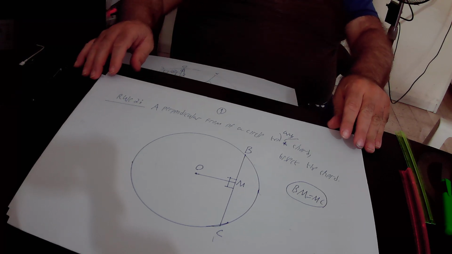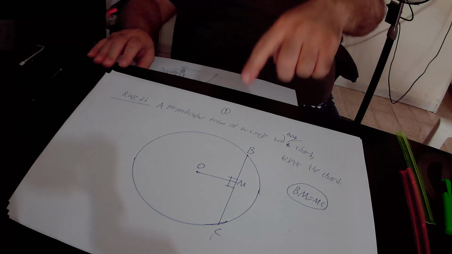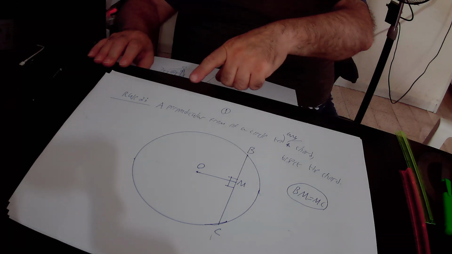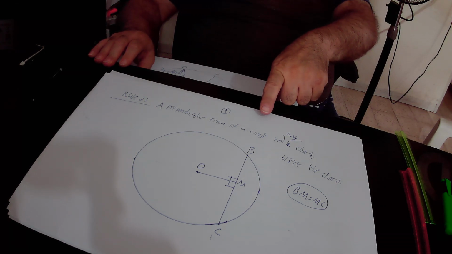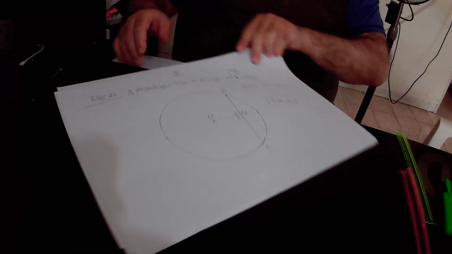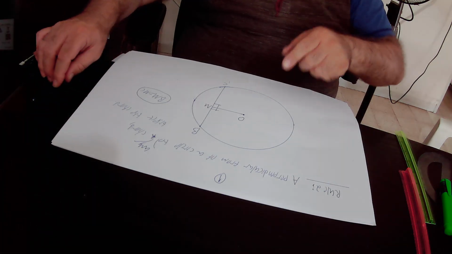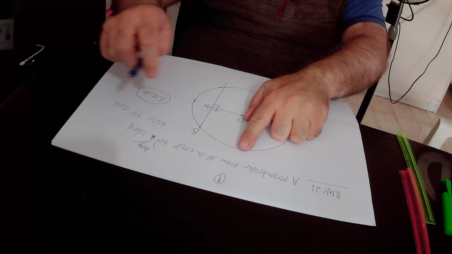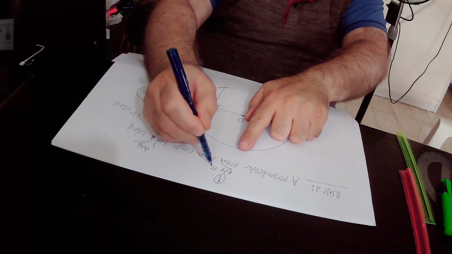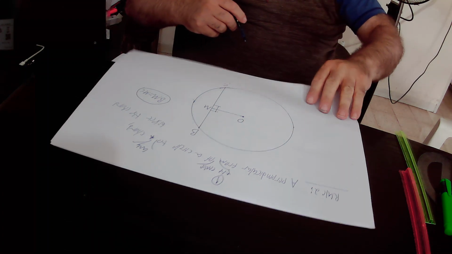According to rule number 1, whenever you have a perpendicular from the center of a circle to any chord, it will bisect the chord.